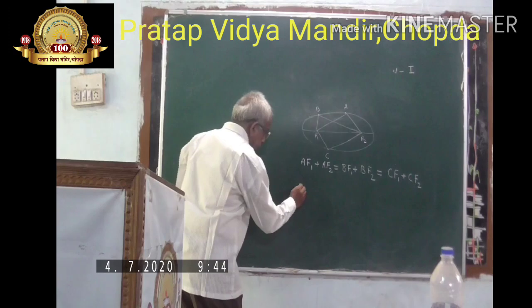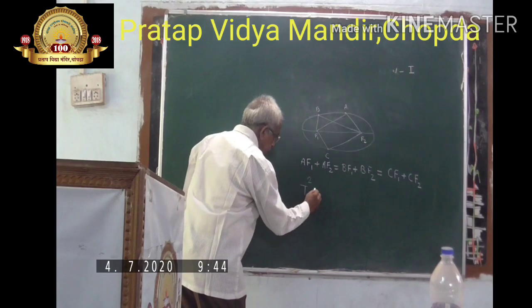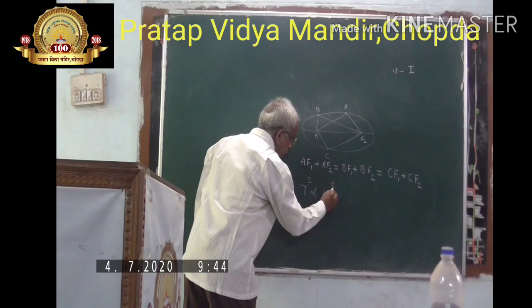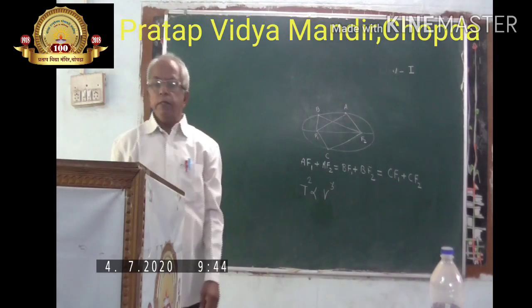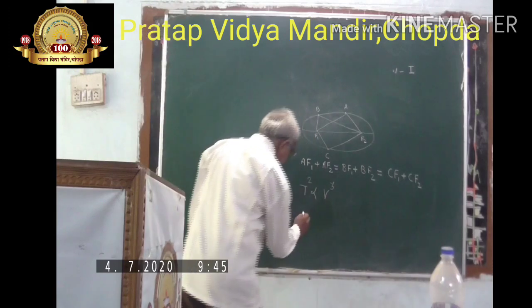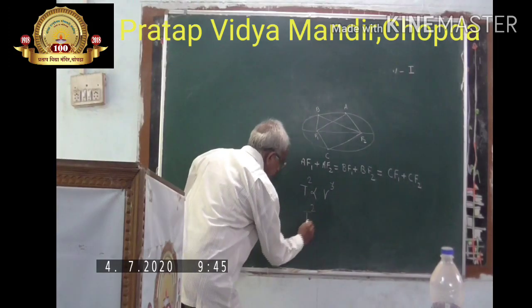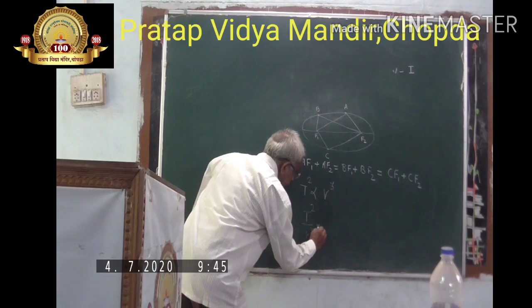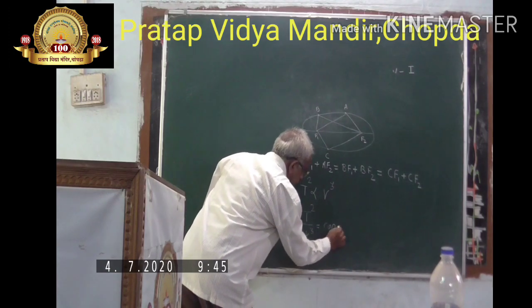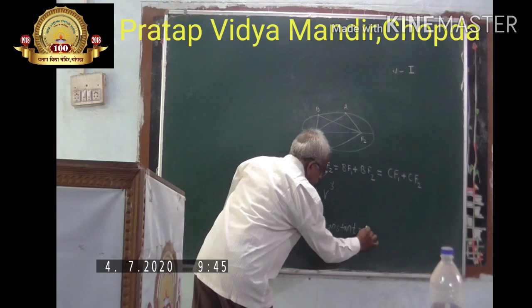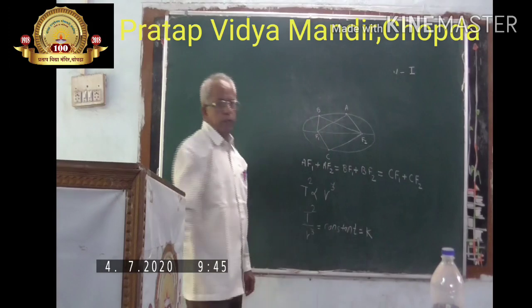That is, T square is directly proportional to R cube. It means that T square upon R cube is constant, which is equal to K.